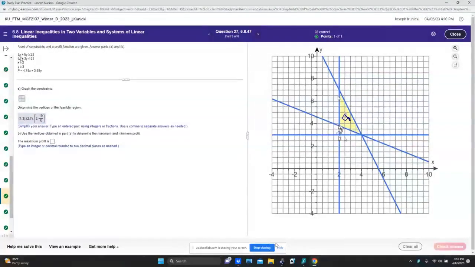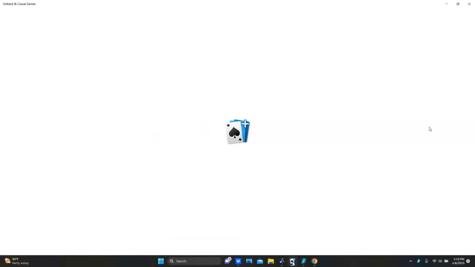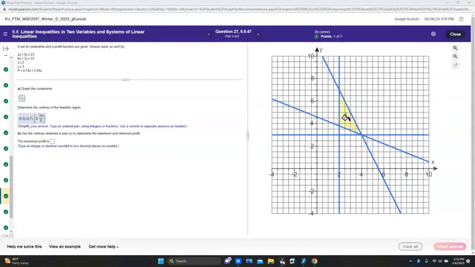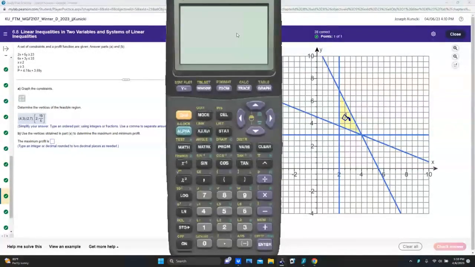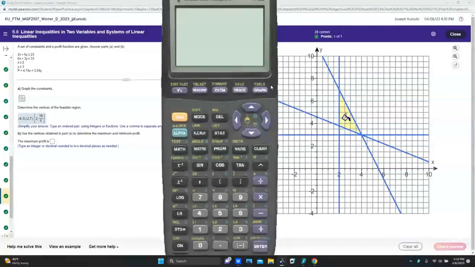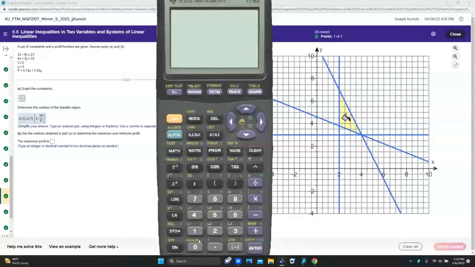So now I have to go ahead and use the calculator to find the maximums and minimums. Where's the calc? There it is. Okay. So we have the corner points written down.